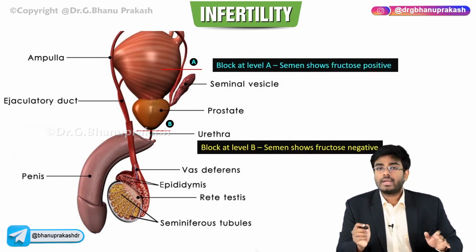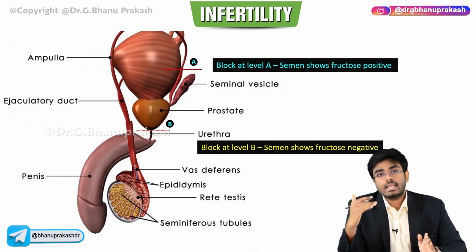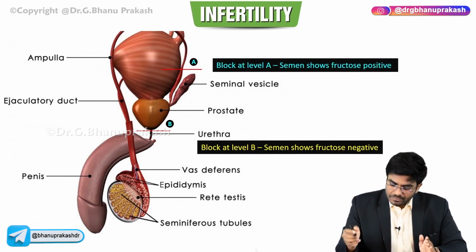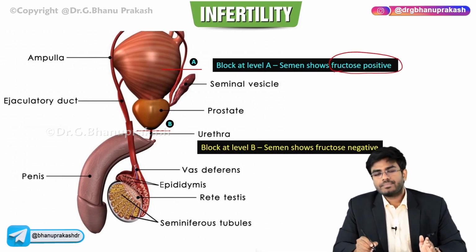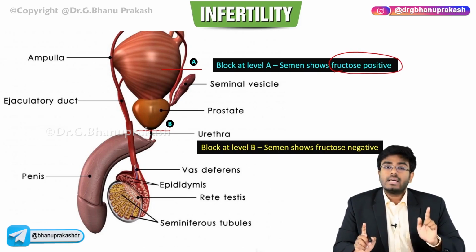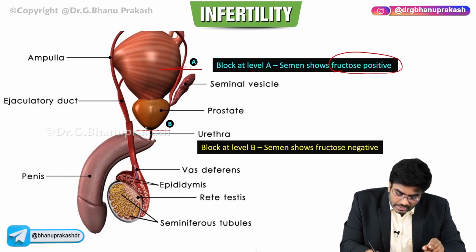So, a very important point: how to know whether the block is present above the seminal vesicle or below it. If the semen is showing fructose positivity, it means the obstructive azoospermia has its obstruction above the seminal vesicle.